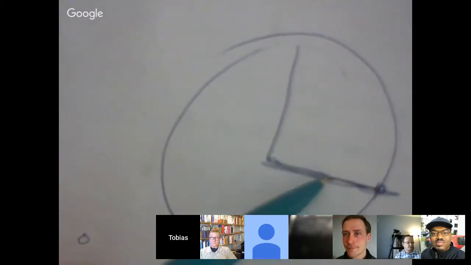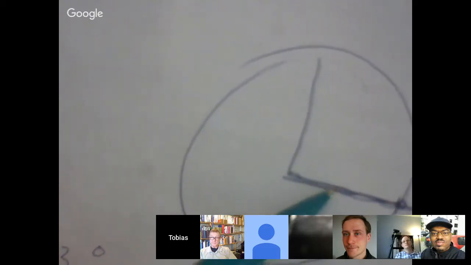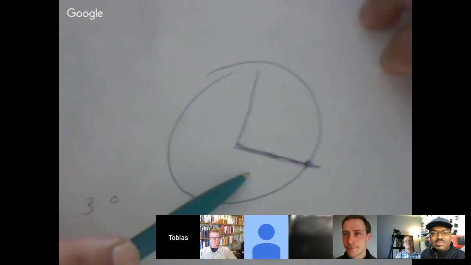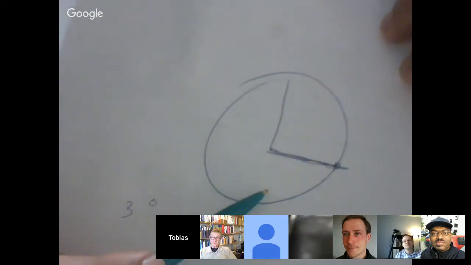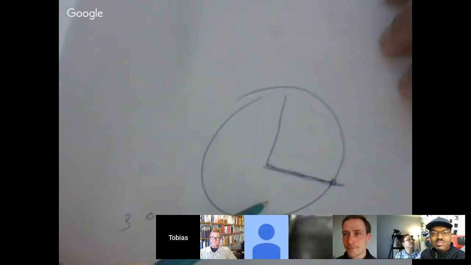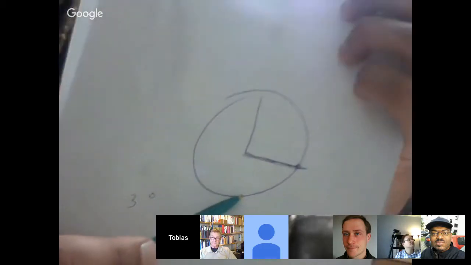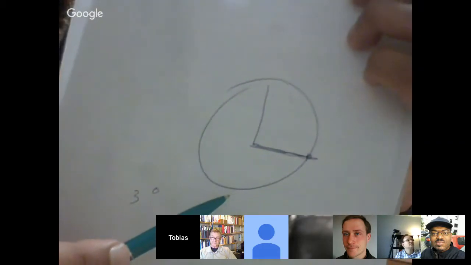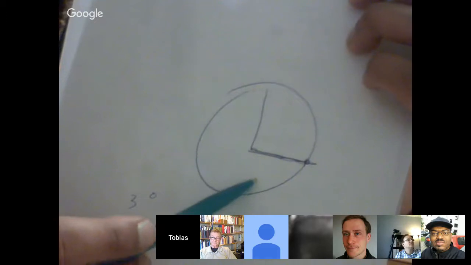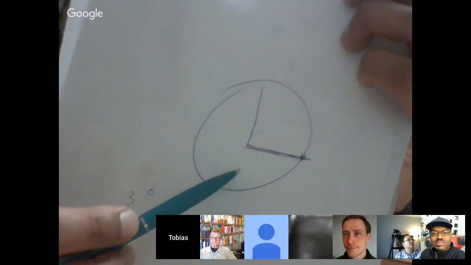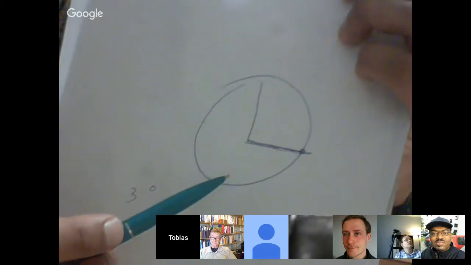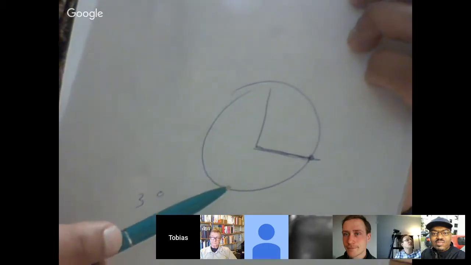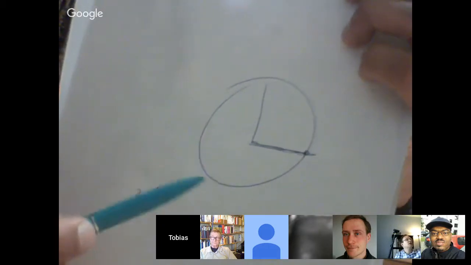Toby, can you hold the camera a little bit further away, please? Better? Yeah, a little bit more. So the cosine would be 1 and the sine would be 0. For the angle phi 0, the sine would also be 0.